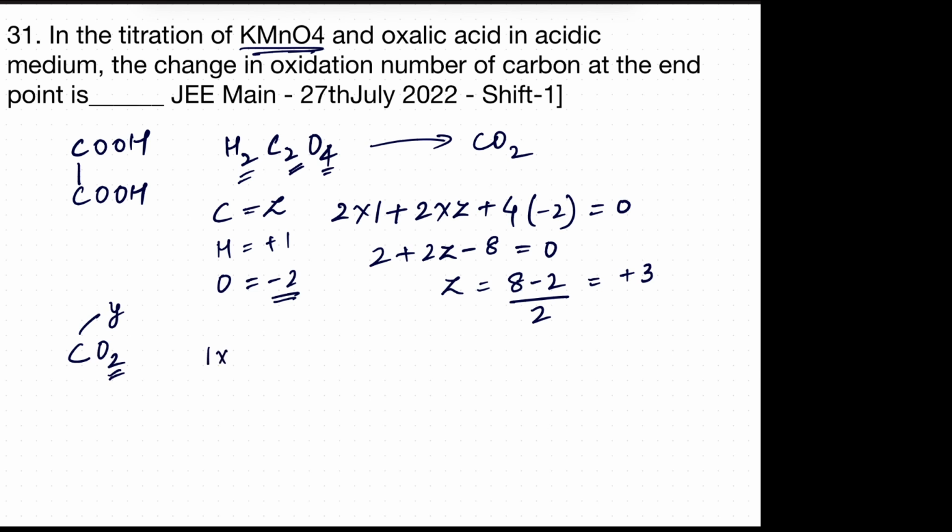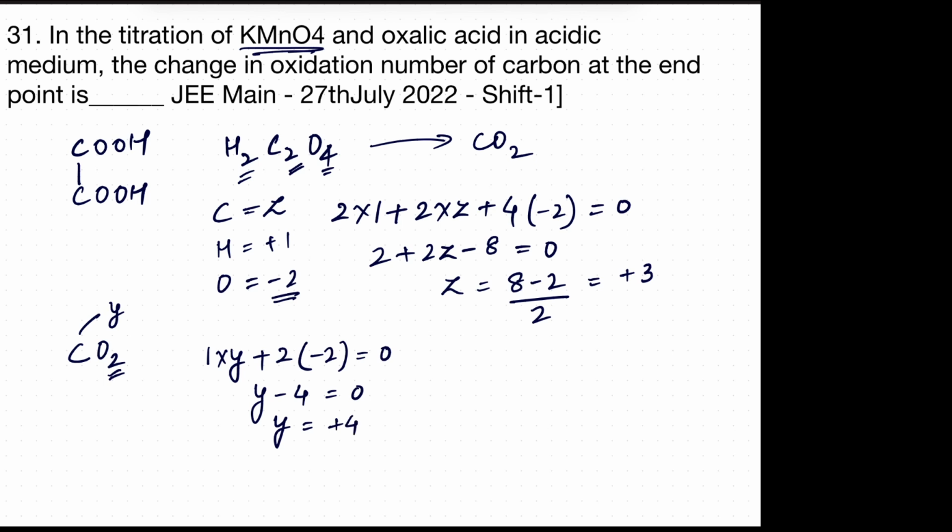So 1 into Y plus there are 2 atoms of oxygen in one molecule of carbon dioxide. So 2 into oxidation state of each atom of oxygen, that is -2, and this is equal to 0. So Y minus 4 is equal to 0 or Y is equal to +4.